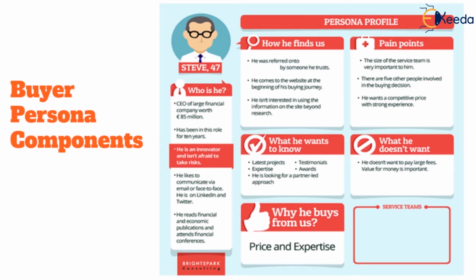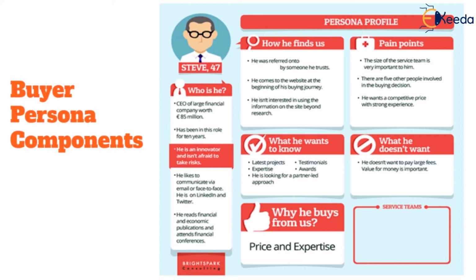So what you need to next identify is, this particular kind of customer, how do they find you? It's possible that they get attracted through a referral. It's possible that they come to the website on their own whenever they have to begin their buying journey. It's possible that he isn't interested in using the information on the site beyond research.